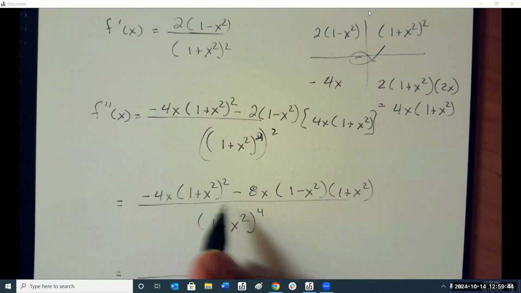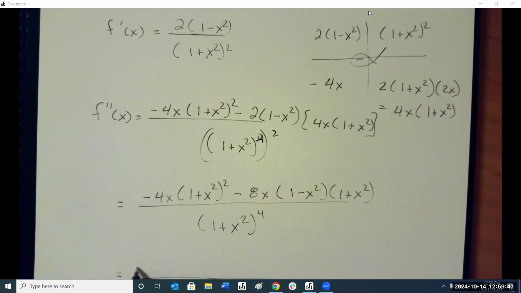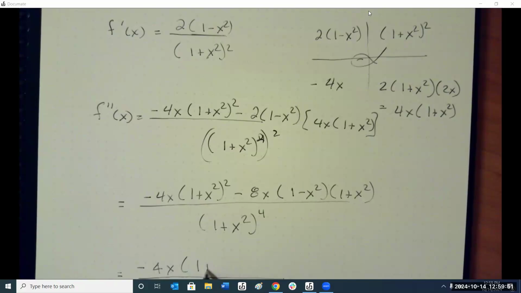Out of both of these terms, they both have a negative, they both have a 4x times 1 plus x squared.